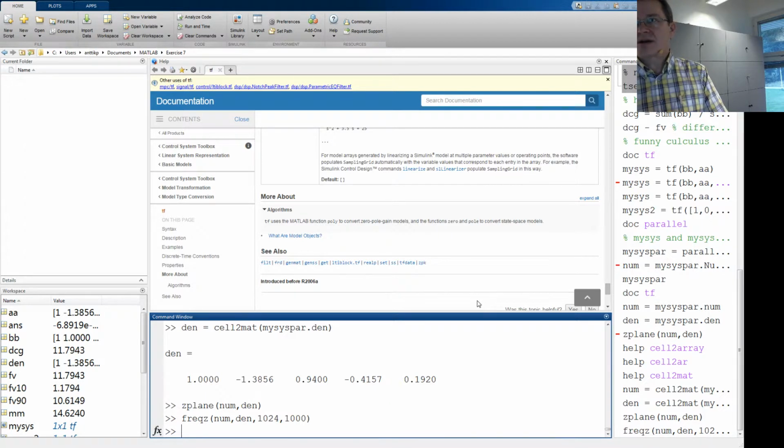So, a transfer function as a transfer function object.